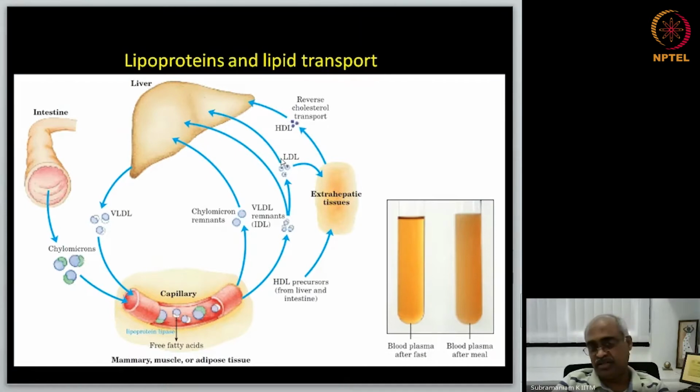If that is not used, then that is what deposits on the blood vessels, leading to a disease called atherosclerosis. I think that spelling is coming in the next slide. If not, I'll write it at that point. This is what leads to cholesterol deposition, and not just cholesterol, other lipids as well, on the inside of the blood vessel walls.